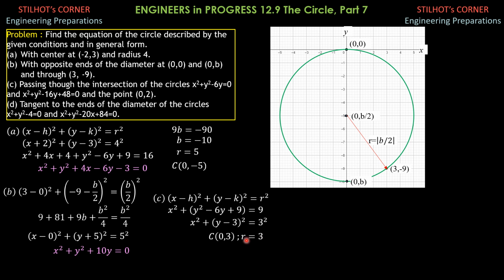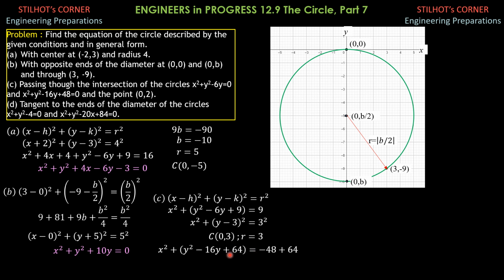So for the second one, let's find the intersection by substituting the value of x squared plus y squared from the first circle, which is 6y, into the second equation. So this is the second equation, x squared plus quantity y squared minus 16y plus half of negative 16, which is 8, and 8 squared is 64.